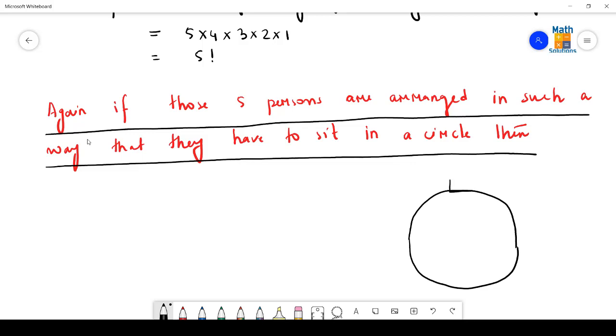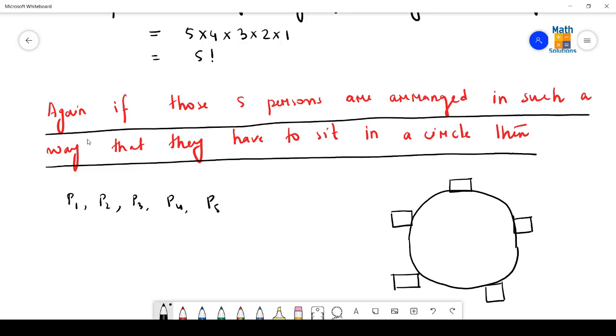Say this is the first place, this is the second place, this is the third place, this is the fourth place, and this is the fifth one. Now as there are 5 persons, we consider the persons to be P1, P2, P3, P4 and P5.